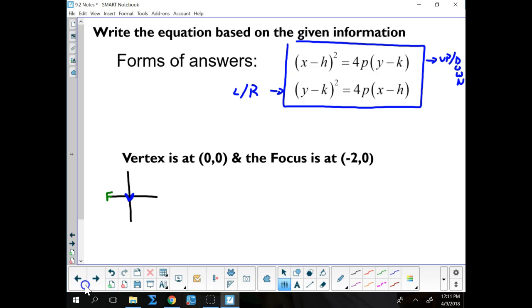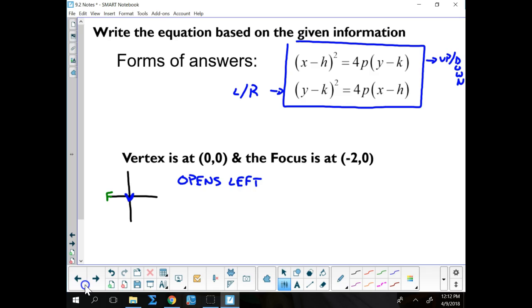So, based off of that information, which way does this parabola open? Okay, it opens left. So which formula, top or bottom, am I going to use? Bottom.